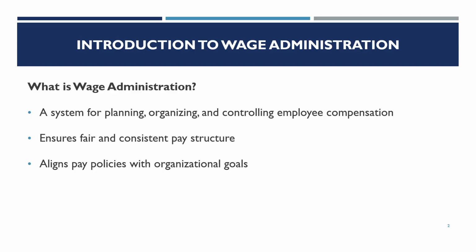It's both a strategic and an operational function. Strategic because it affects recruitment, motivation, and retention. Operational because it involves compliance with the payroll laws, tax structures, and benefit programs.